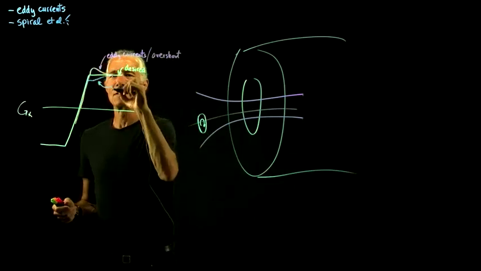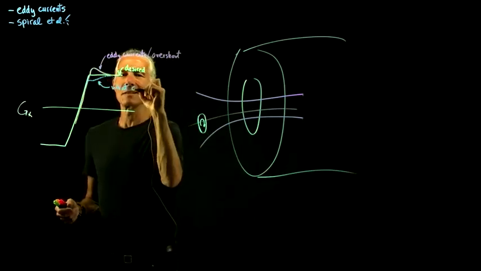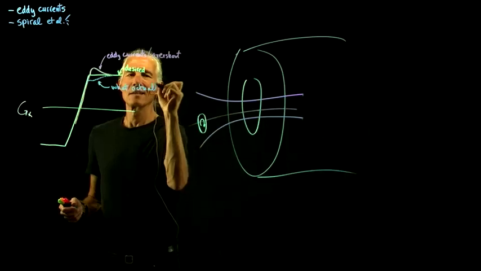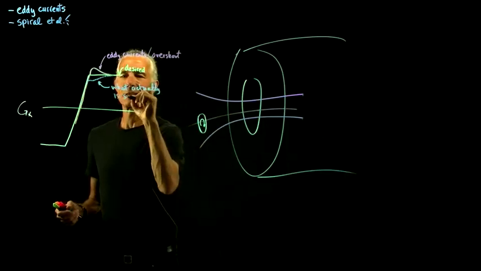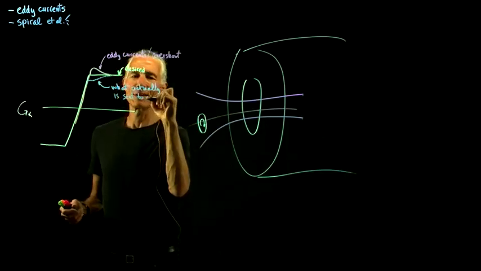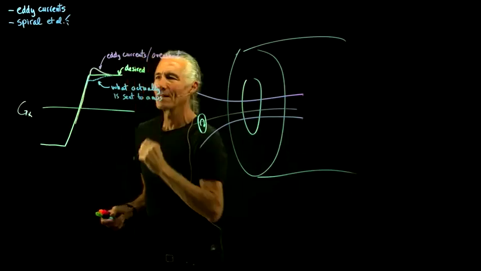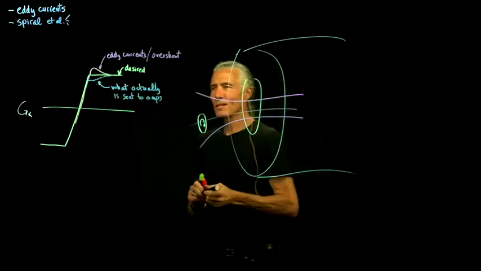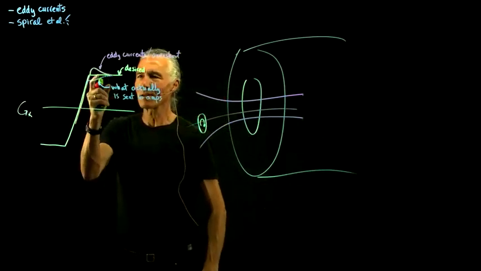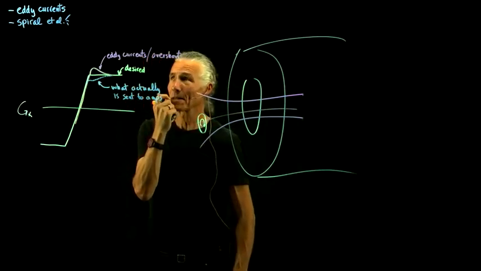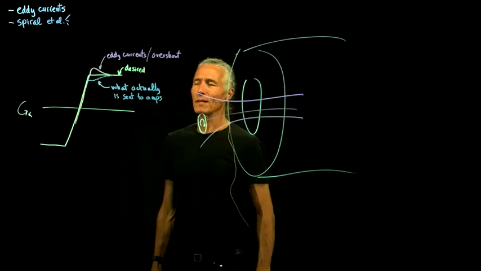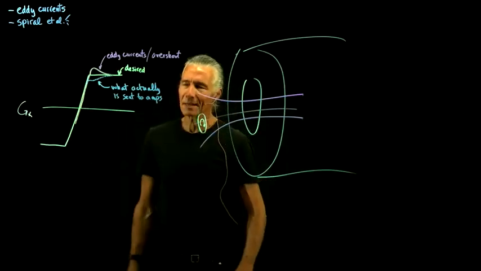So this is what actually is sent to the amplifiers. And so the end result is you'll get something that looks like the green curve.